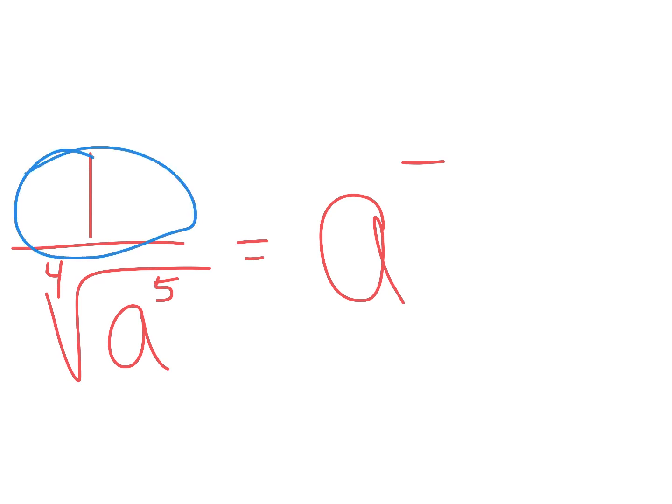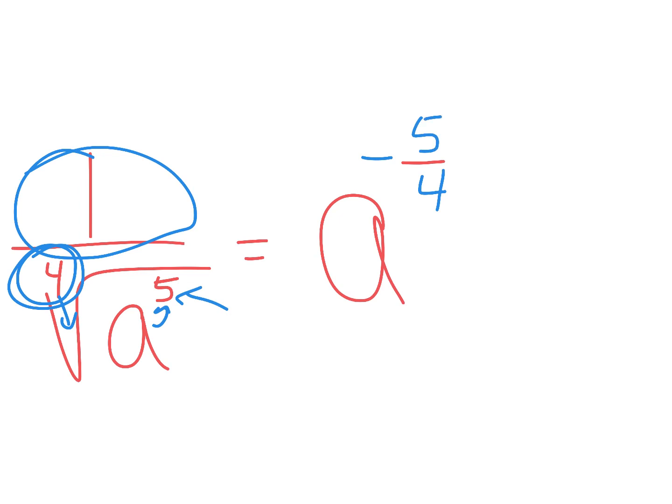See that 1 over on top? Then yes, negative. And then that 4, is that the root or is that the power? That 4 is the root. It's on the root, see? That 5 is a normal power. See how it's a normal power on the A? That's how you do it.